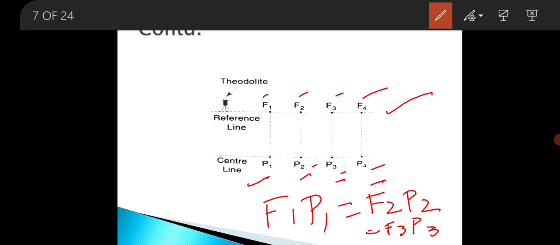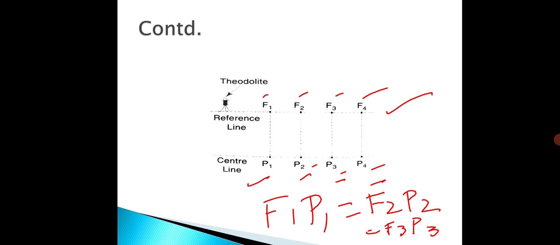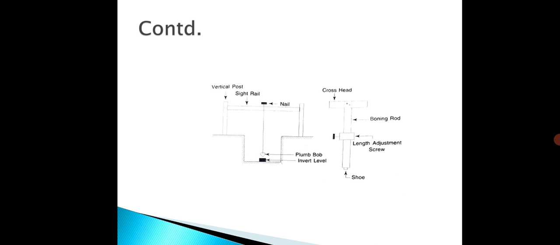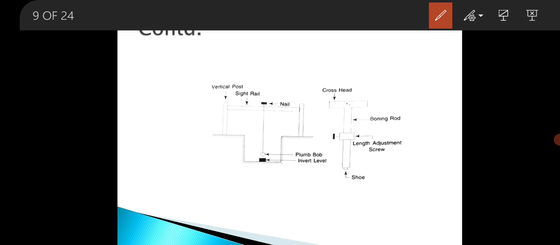Then the center line may be checked by a theodolite. So this is one process of marking the center line. The second process is by side rail. In this method, two vertical posts are driven at a suitable distance apart.